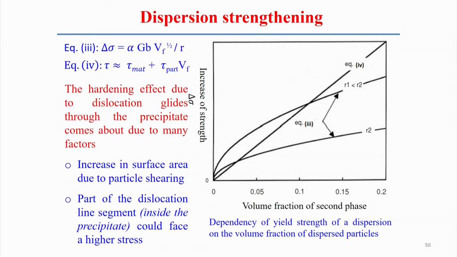Now we try to explain these things. The volume fraction of the second phase, that is, the volume fraction of the particles, is on the x-axis, and the increment of the strength is on the y-axis.